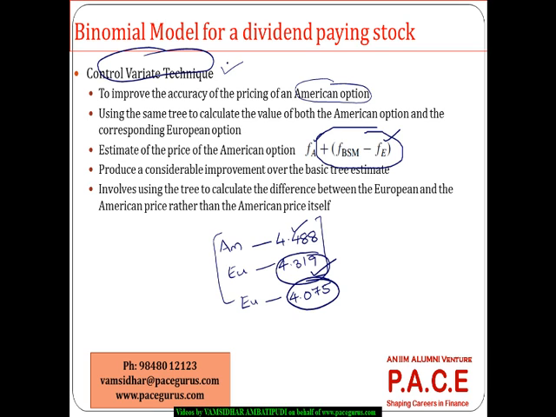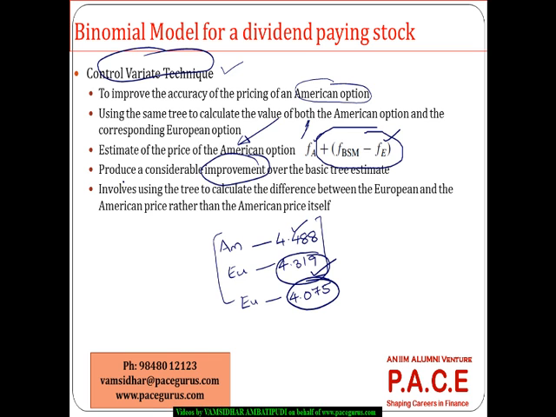I'm trying to improve the accuracy of the pricing associated with an American option, where I am using the same tree to compute both the value of American as well as European. And from there I am estimating the price of the American option. It produces a considerable improvement over the basic tree estimate.